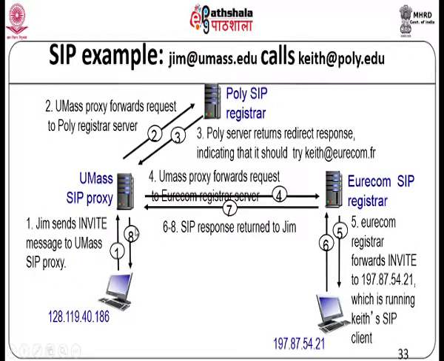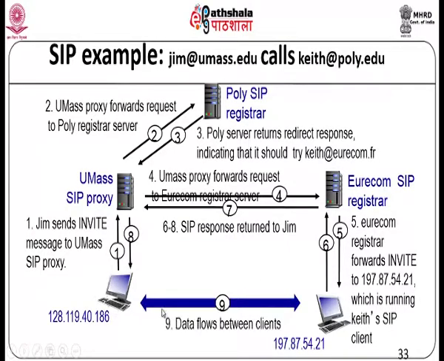When this information is received, the IP address of the callee is now available with the caller. So now what can happen between the caller and the callee? Data flow can directly take place using RTP or RTCP plus whatever protocols are being used. So you can see that this gives us the complete flow of how calls will be forwarded and transferred using the SIP protocol with the help of the proxies and the registrars. This picture is what you should keep in mind to understand the overall flow of messages in the SIP protocol.